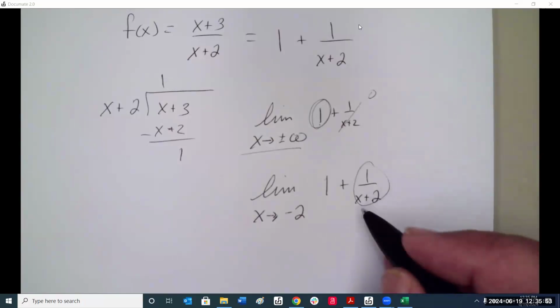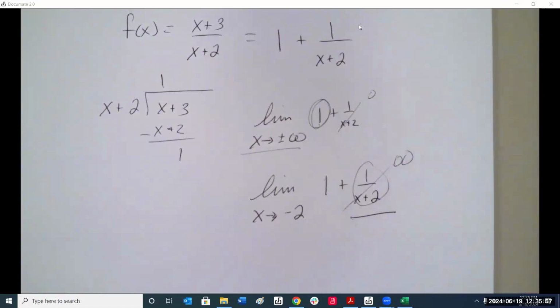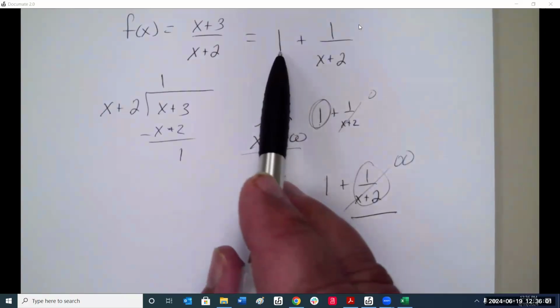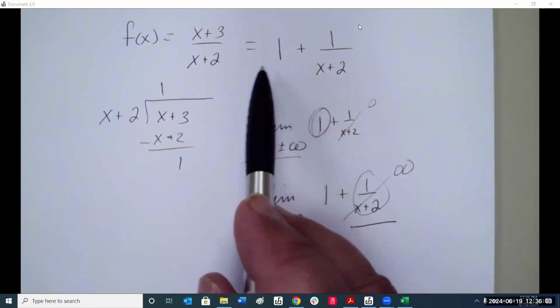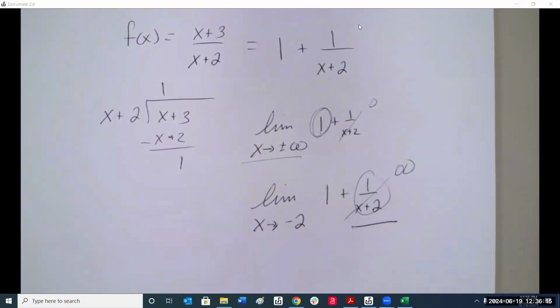To infinity. So now this is the dominant term. So whenever we go to positive or negative infinity, the integer part, the horizontal asymptote part, is the dominant feature of the function. But as we go to wherever the vertical asymptote is, the denominator part has the dominant feature.